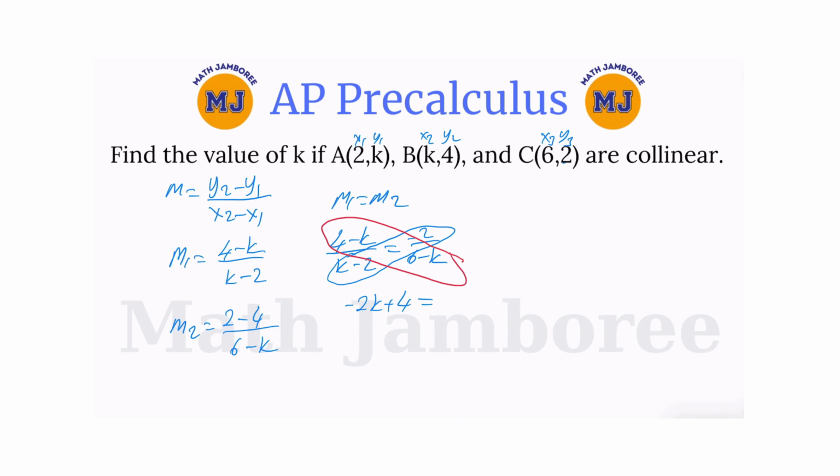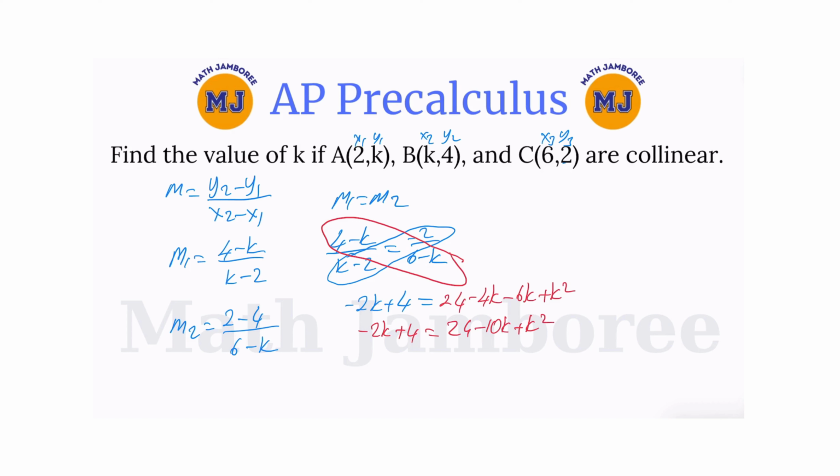So 4 times 6 is 24, 4 times negative k is negative 4k, negative 6k plus k squared. So this is negative 2k plus 4. On the right side we have 24 minus 10k plus k squared.